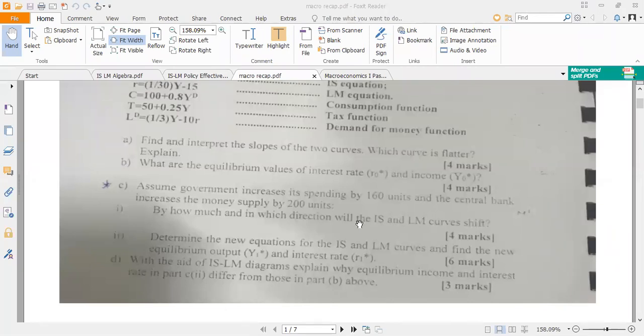At times they combine government spending and tax. If they are combining the two, then you find the gross effect. You find the change in Y for the IS resulting from a change in government spending, you do the same for a change in tax, then you add the two. That should be the magnitude of change. And then if you want the direction, use the sign.